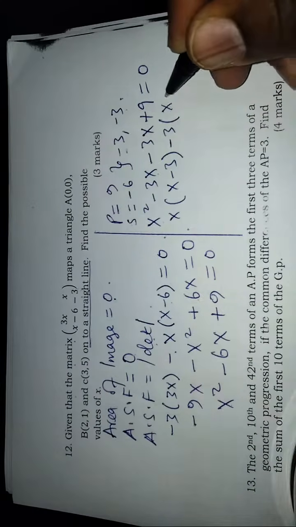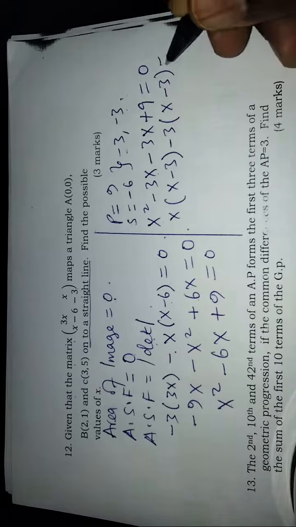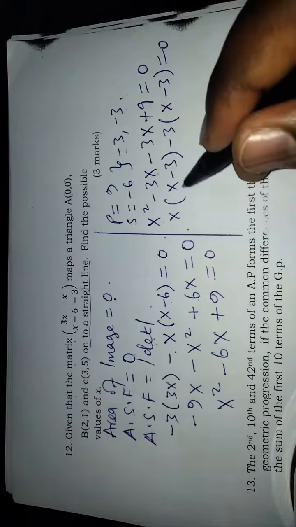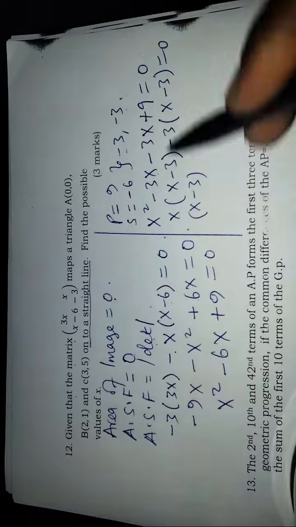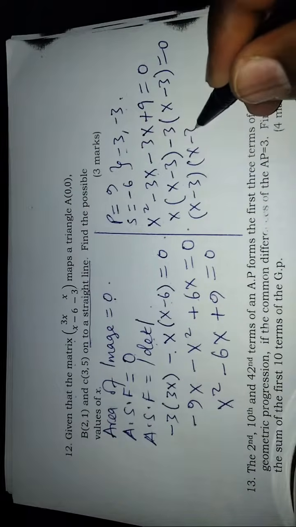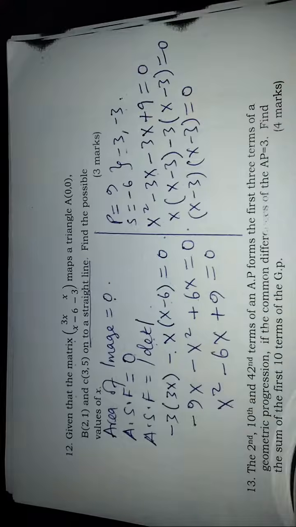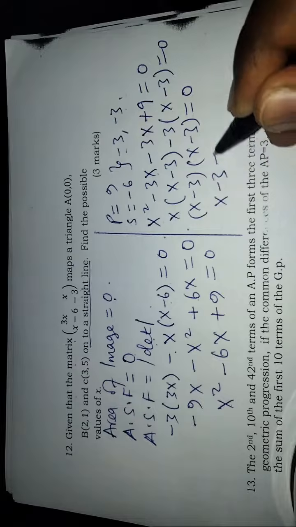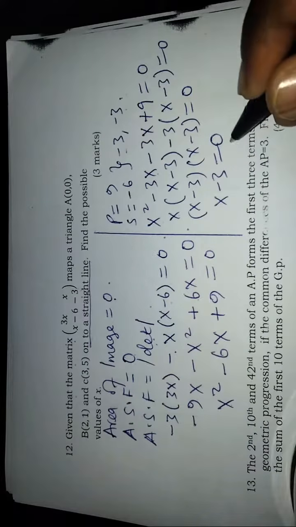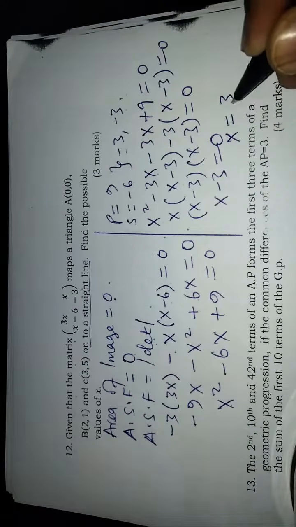So that we remain with x minus 3 equals 0. Therefore, x minus 3 times x minus 3 gives us 0. Therefore, x minus 3 equals 0, and the value of x becomes 3.